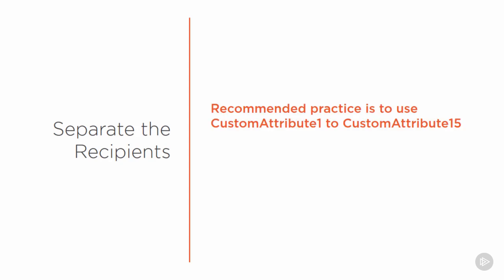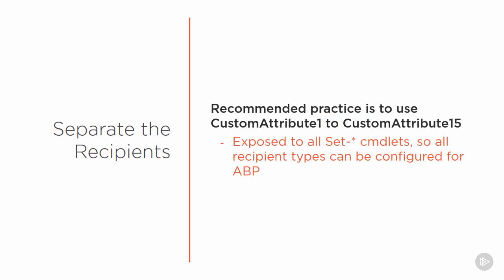The question is then, how do you separate the recipients? The recommended practice is to use one of the custom attributes available in Active Directory for those mail recipients. There are custom attribute 1 to custom attribute 15 that you can choose from. And the reason for using custom attributes as opposed to one of the other Active Directory attributes, such as the department or company attribute, is that the custom attributes are exposed to all of the set commandlets.